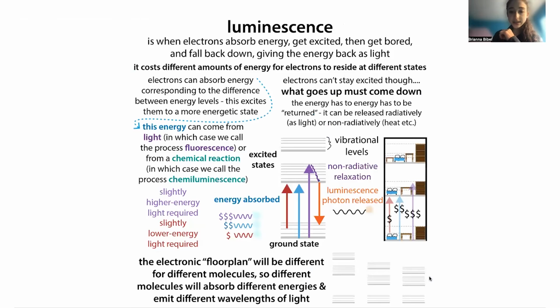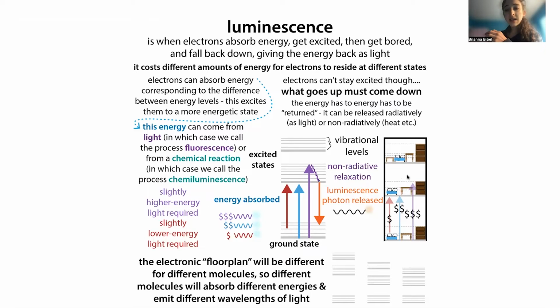This energy is going to be different for these different atoms, because it corresponds to the energy that's given back off by those electrons when they're falling back down from their excited state. The difference between the non-excited state, the ground state, and an excited state is going to be different for different atoms, different elements.